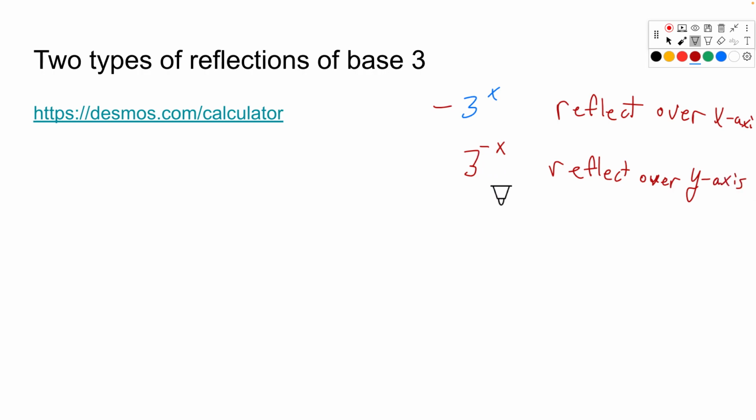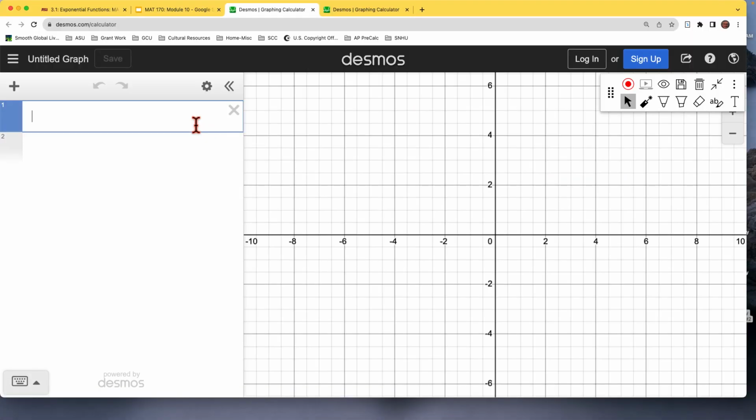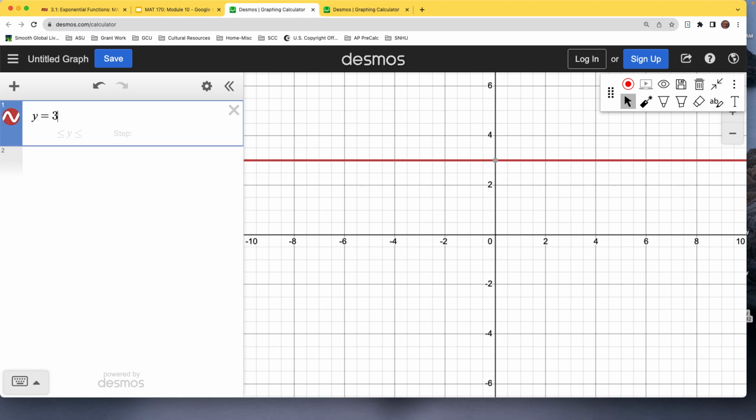And we've already talked about this, 3 to the negative x, thinking of it as 3 to the x versus 1/3 to the x, because that's really what the negative exponent does. It gives us a reciprocal. Okay. And again, we could explore it, but we kind of already did that. Well, let's just do 3 to the x.